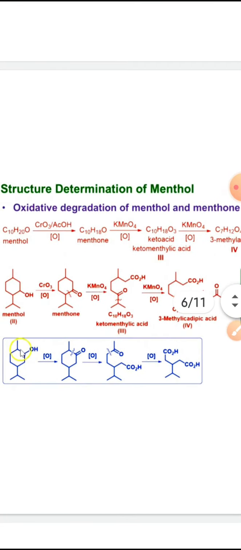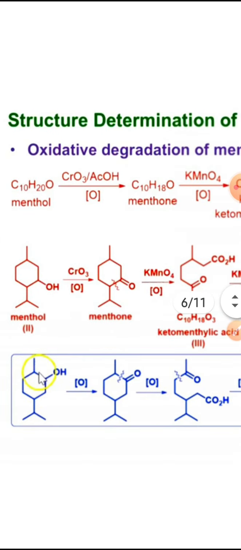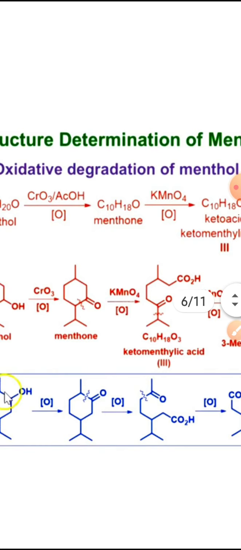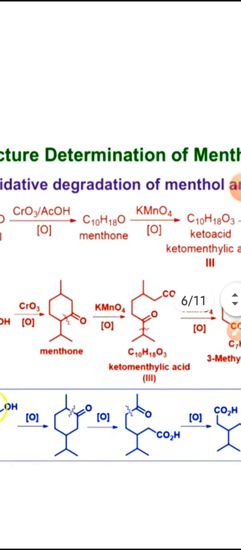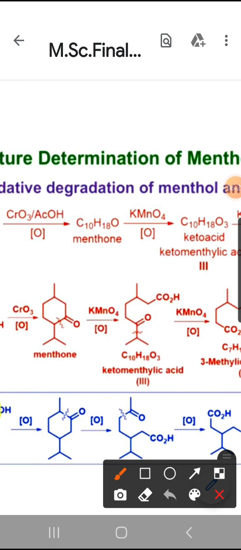Now we take the oxidative degradation in detail. We take first menthol. It is oxidized with chromic acid. It forms menthone, this compound, which on further oxidation, the bond breaks from here and forms ketomenthylic acid.